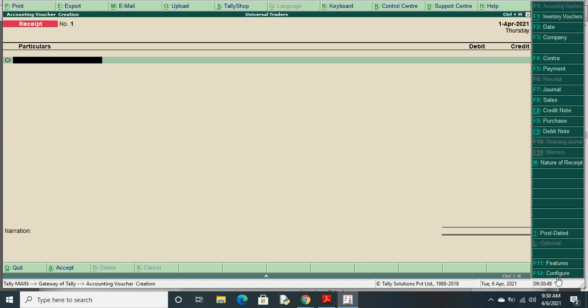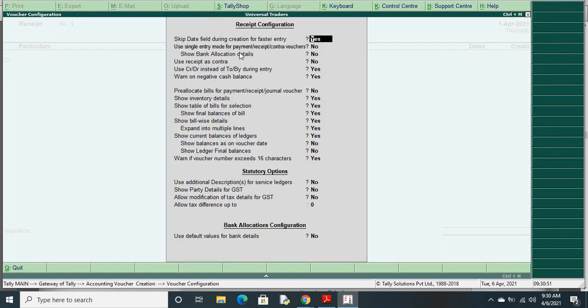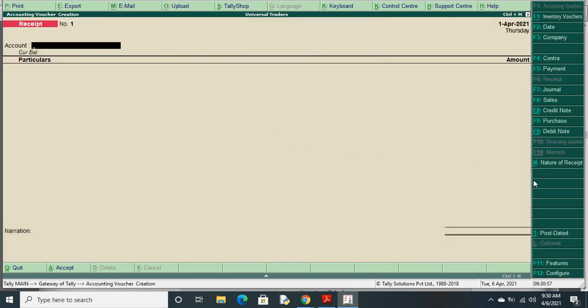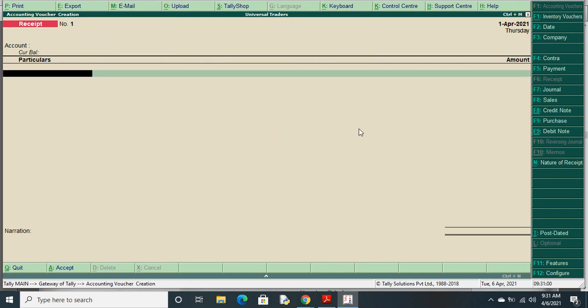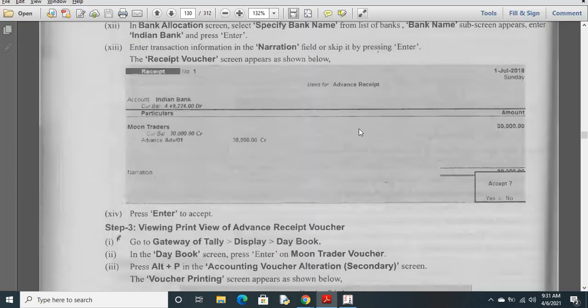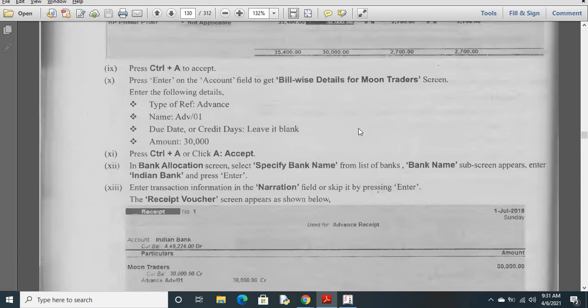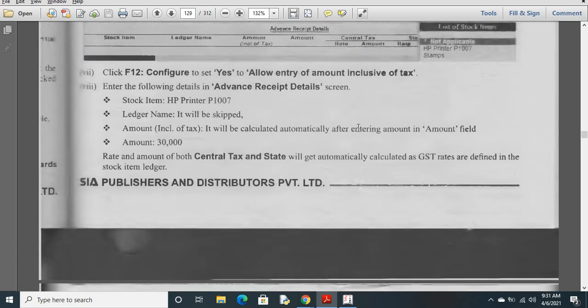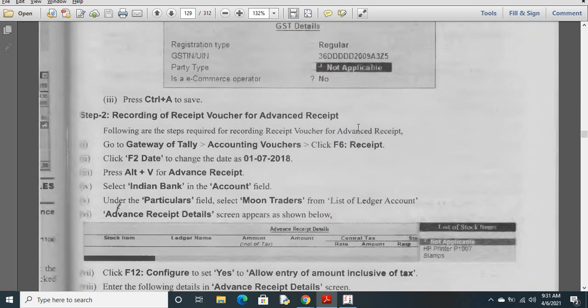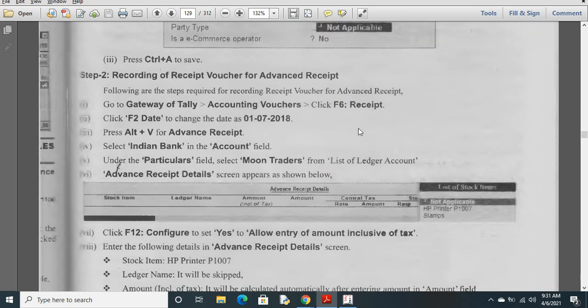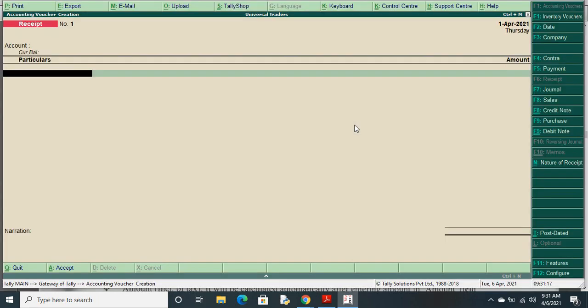Okay, I'll change it to single entry mode. Alt V option is not coming. What to do then? Okay, directly I'll enter once.